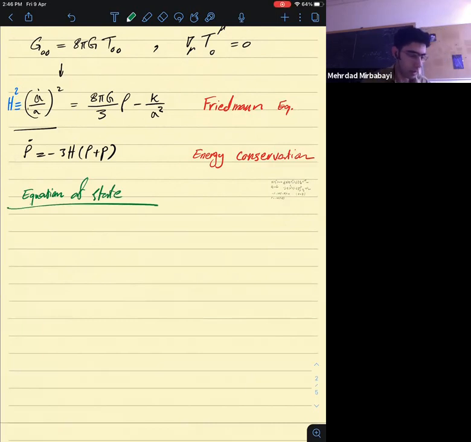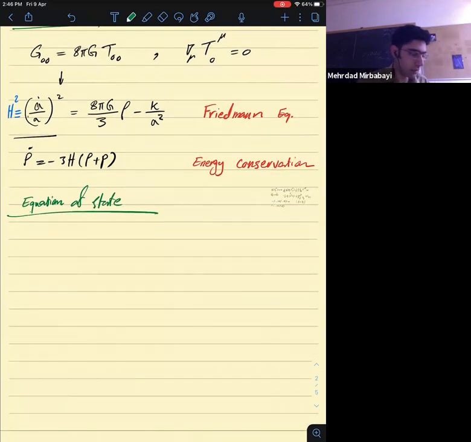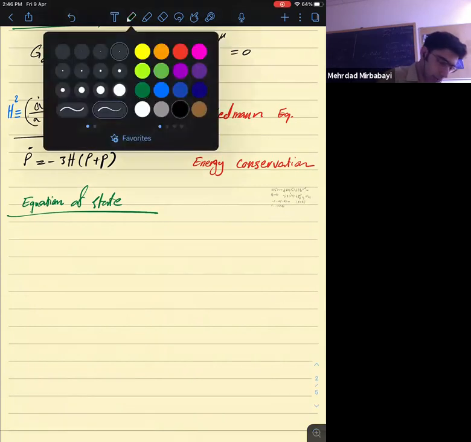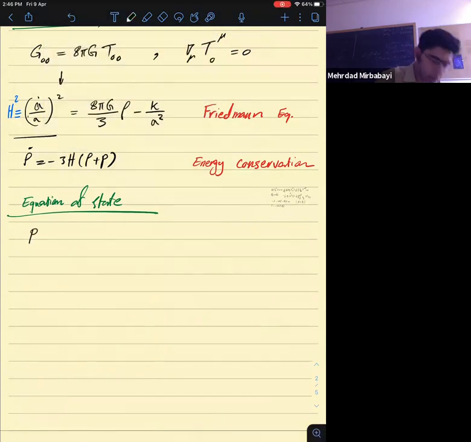So it's convenient, and often it's a good description, to consider a very simple equation of state where P is just proportional to rho, with the proportionality constant called W. So what are some examples?